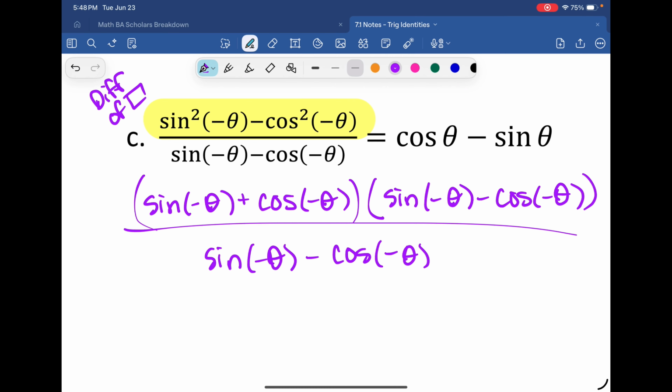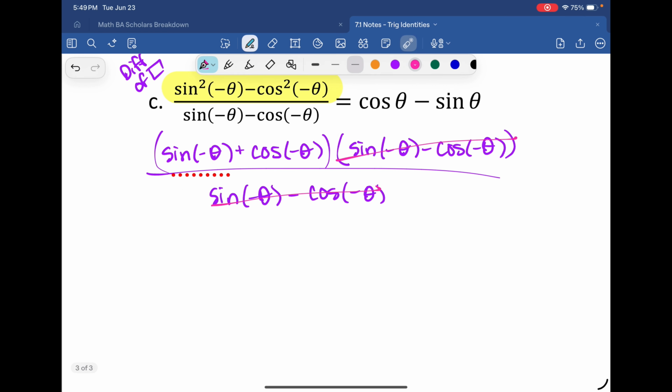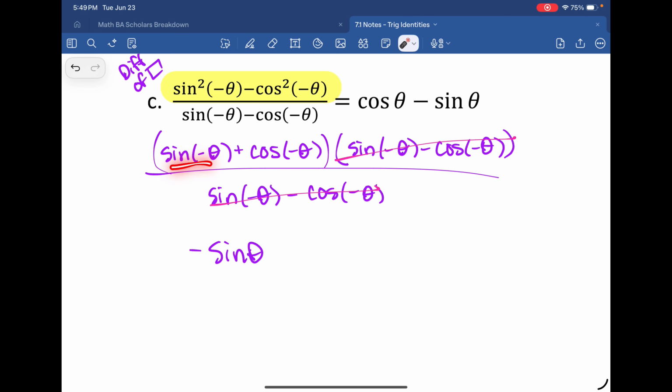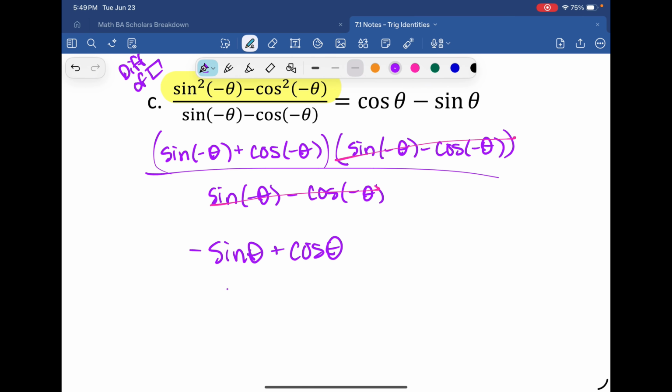Okay, so luckily that means I can cancel here. And then I'm trying to change into cosine minus sine. Well, this is where your even odd comes in. Sine negative theta is the same as negative sine theta. Odd. Cosine is even, so cosine negative theta is equal to just cosine theta. And then put it in the proper order. Just rearrange it.